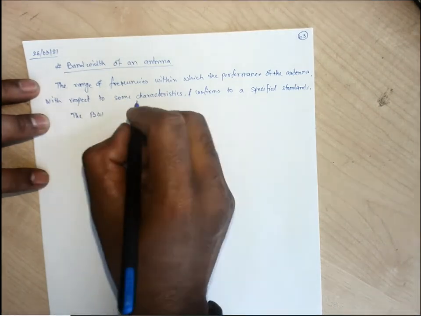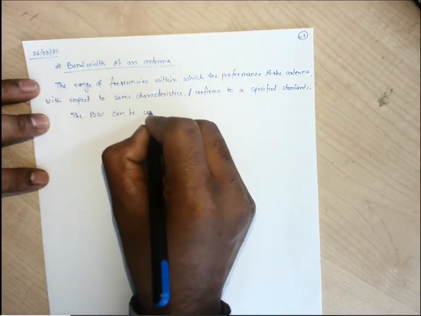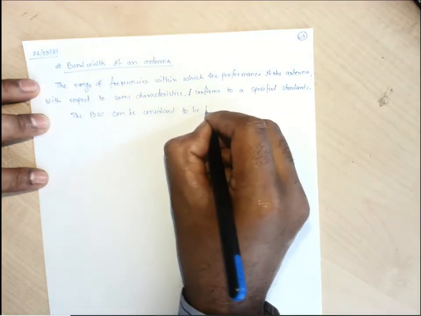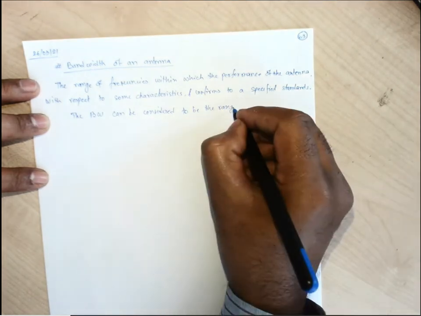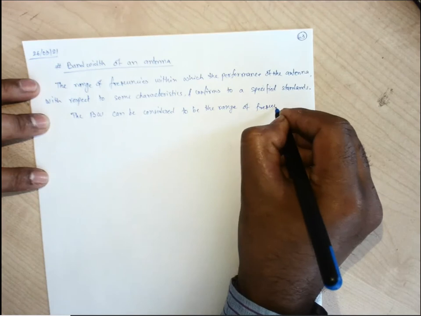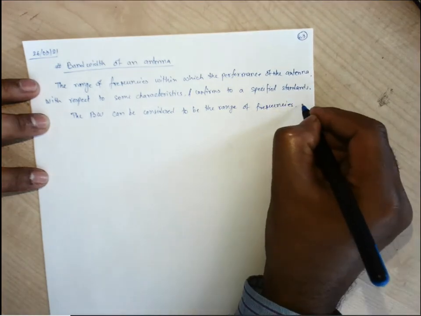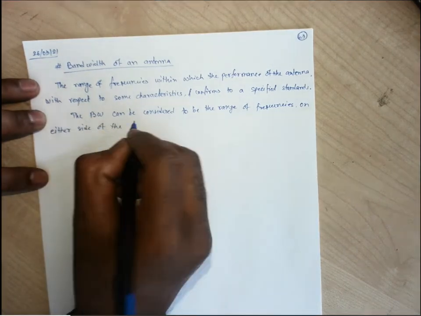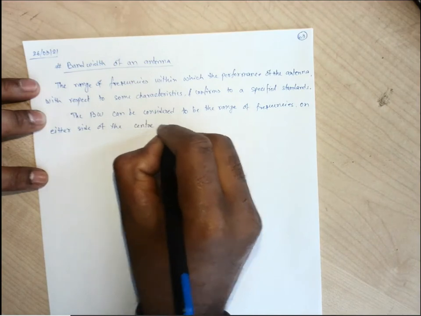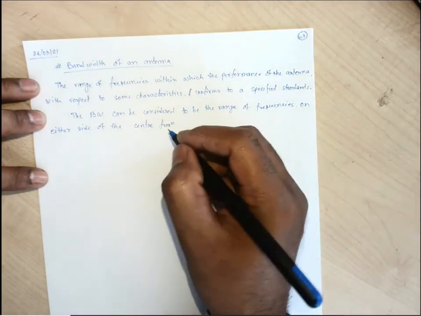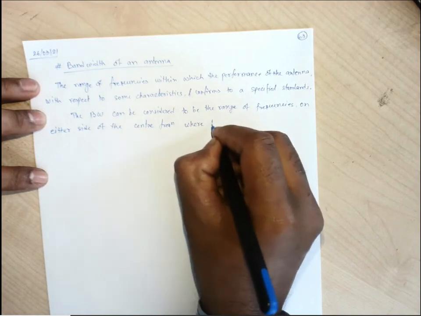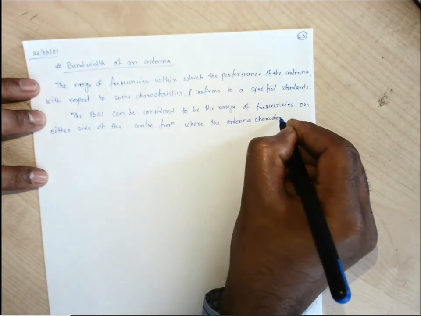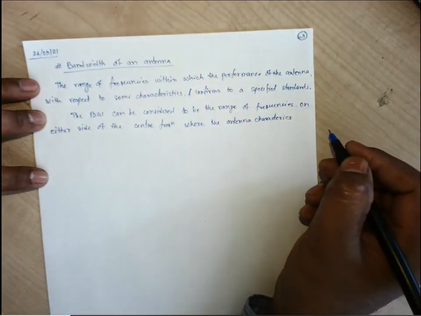The bandwidth can be considered to be the range of frequency on either side of the center frequency where the antenna characteristics are within the acceptable value. What are those characteristics?